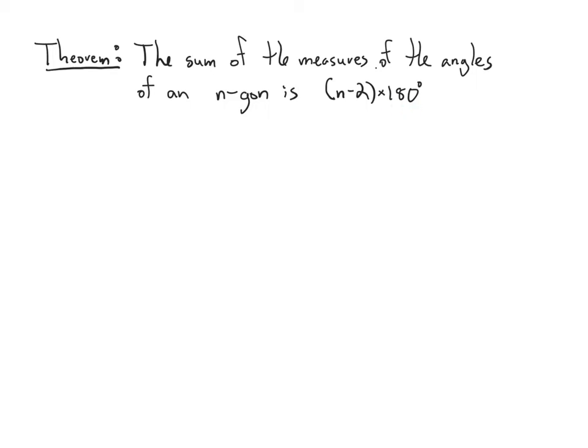So what we're going to do is split our n-gon into n minus 2 triangles. And then the sum of those angles, by Postulate 6, our angle addition postulate, is going to give us this (n minus 2) times 180. So let's write this up. So here's a little proof.